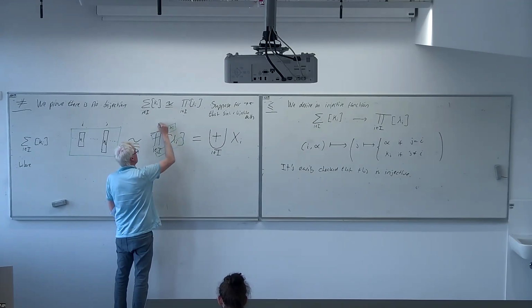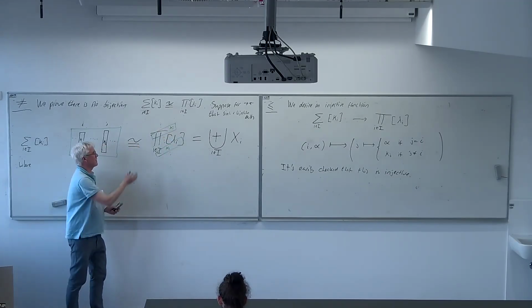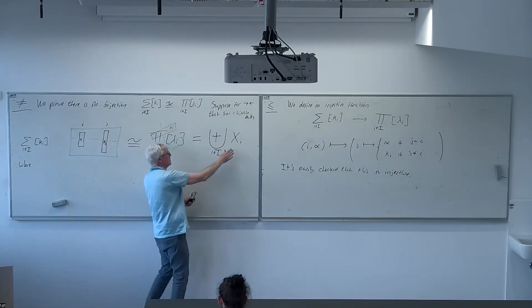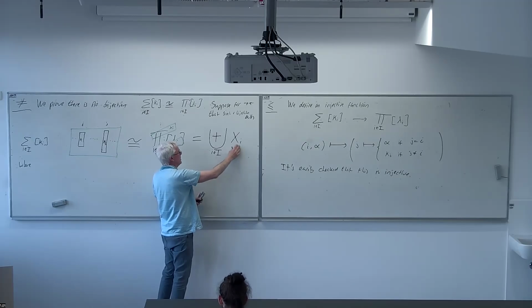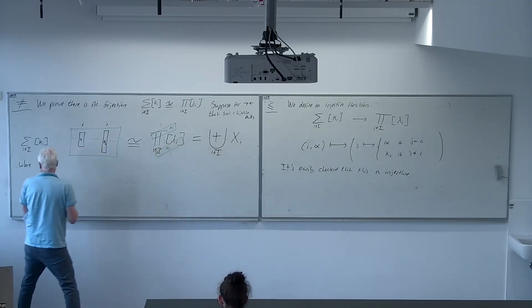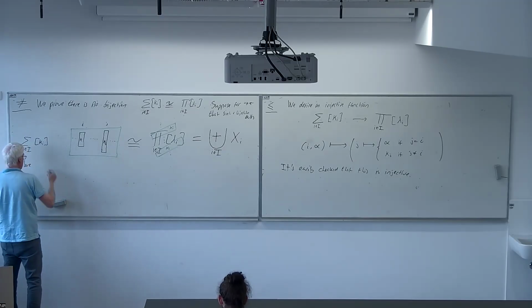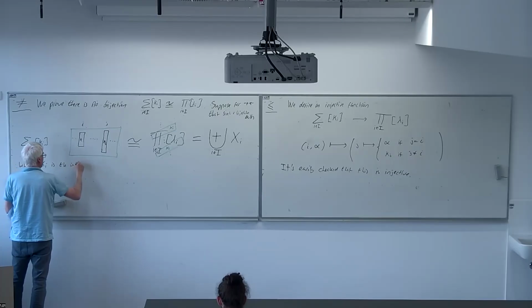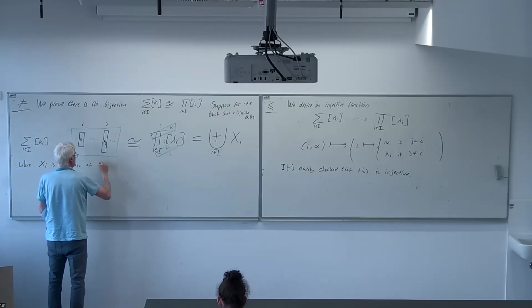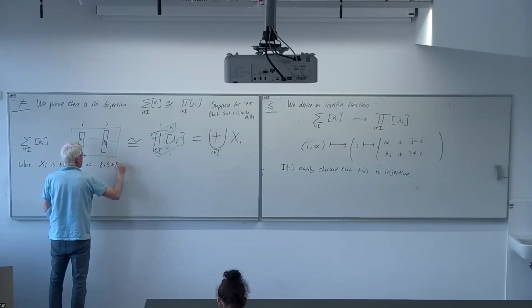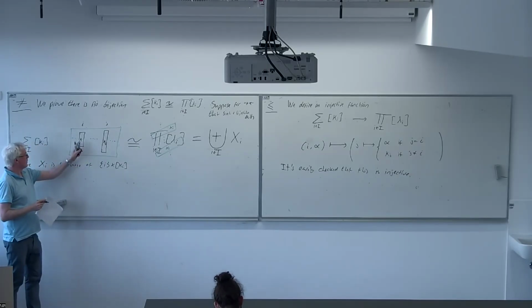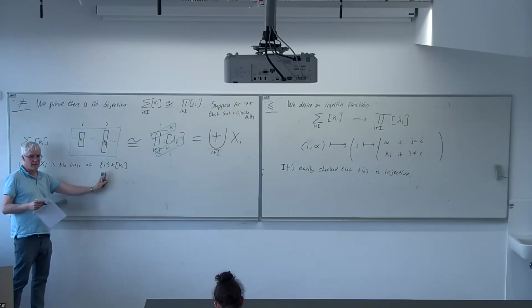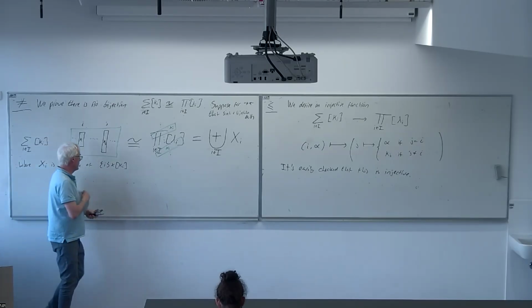And where these blocks land is partitioning this set, so we can write it as a disjoint union of the images of these sets. So X i is the image of the set indexed by i, so of the block kappa i together with its index element, where this goes to under the bijection.